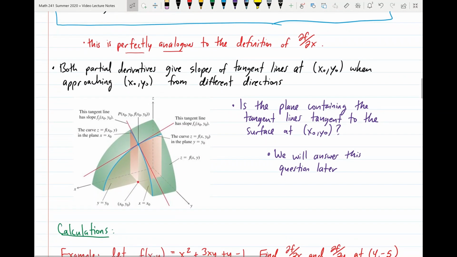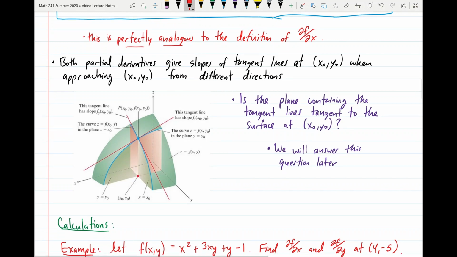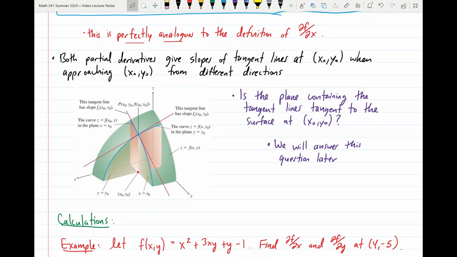And now we want to notice that both of the partial derivatives give slopes of tangent lines at the point x naught, y naught. So I said that in relation to the partial derivative with respect to x. It's also true for the partial derivative with respect to y, but it gives us slopes of tangent lines that are approaching the point x naught, y naught from different directions.